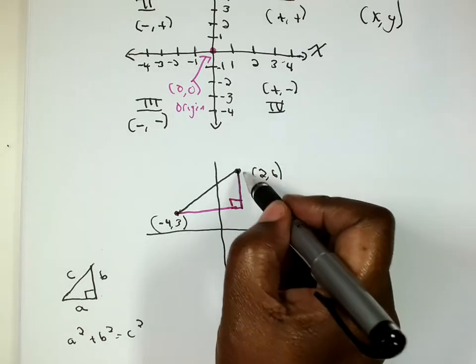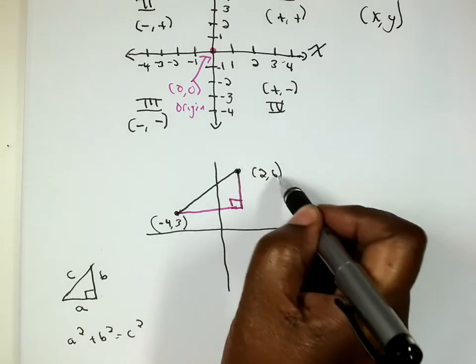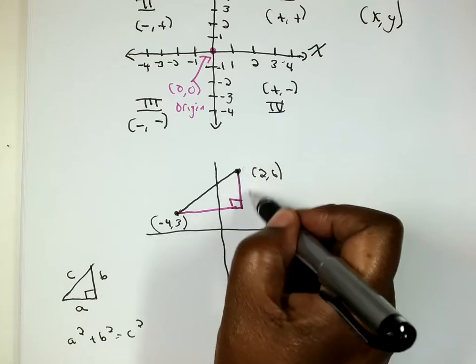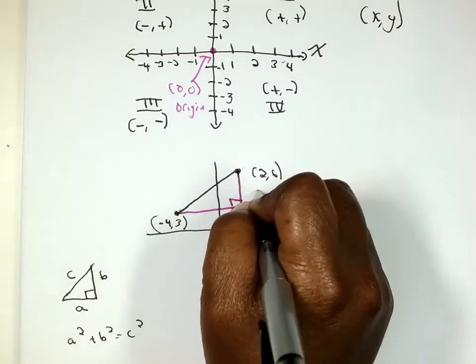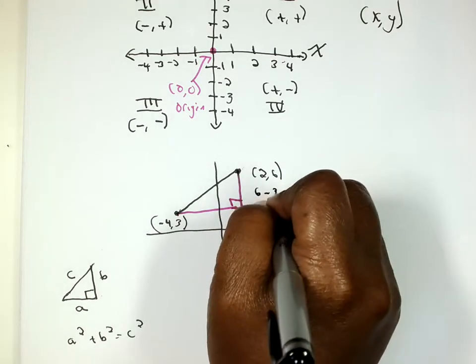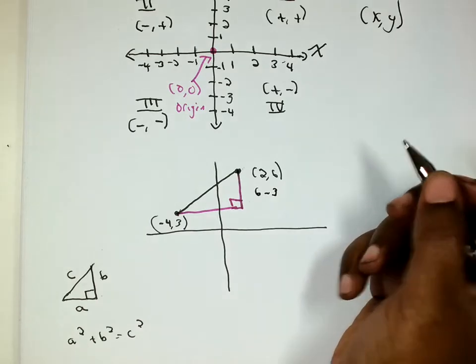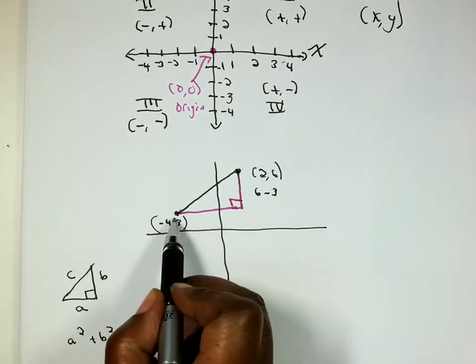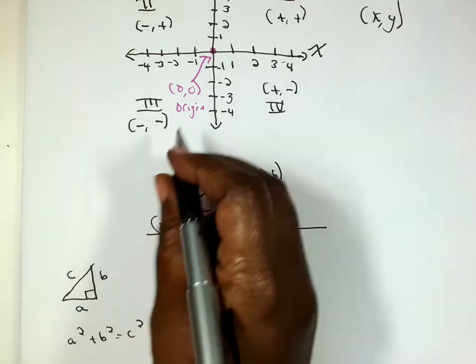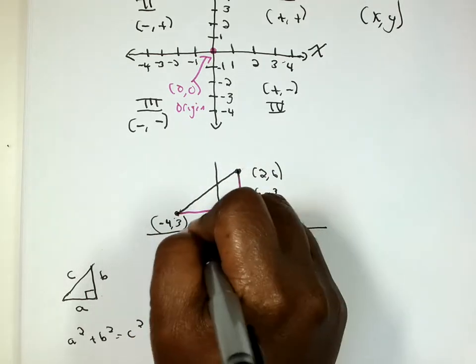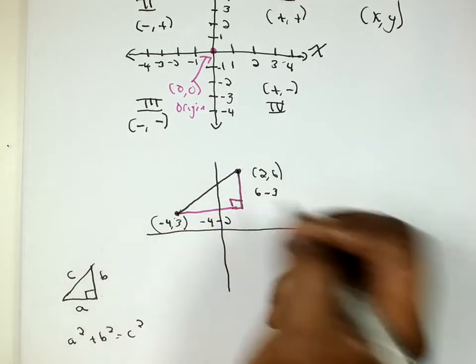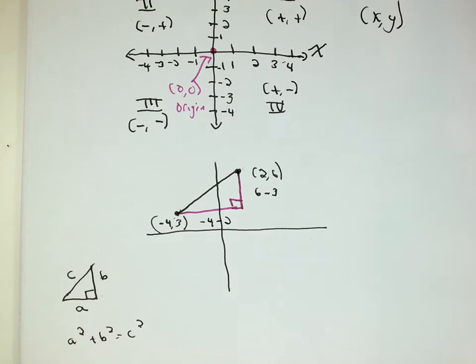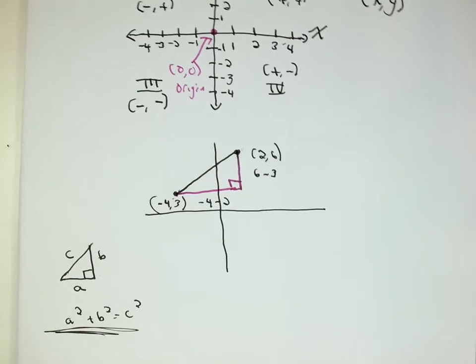So this distance from here to here, well, the y coordinate up here is 6, and then it goes down to 3. So this is going to be 6 minus 3 is that distance. If I'm looking at the x's, it goes from -4 to 2. So this distance is -4 minus 2. And we're plugging into this formula and we're just going to square that.